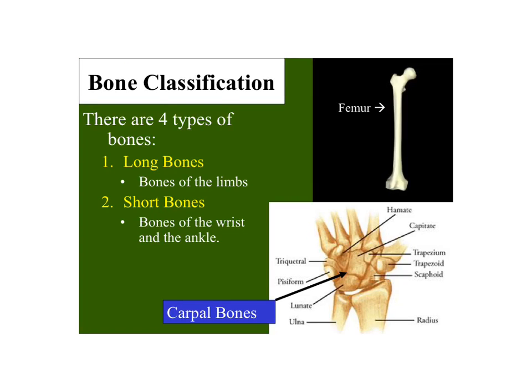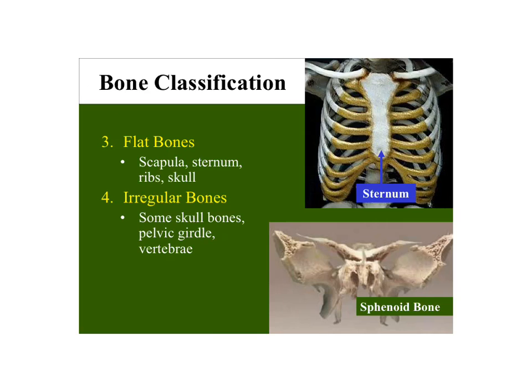Now, another way that bones are classified is by their shape. We have our long bones, which are the bones of your limbs, such as this one, your femur. We have our short bones, such as the bones of the wrist and ankle. This is a whole load of bones that you have right in your wrist called carpal bones, and you can see they're short.